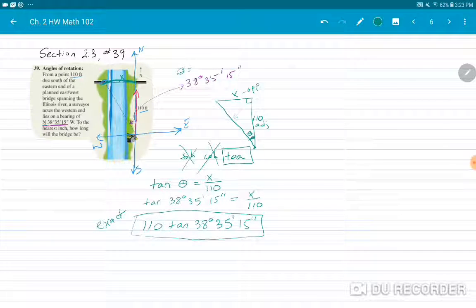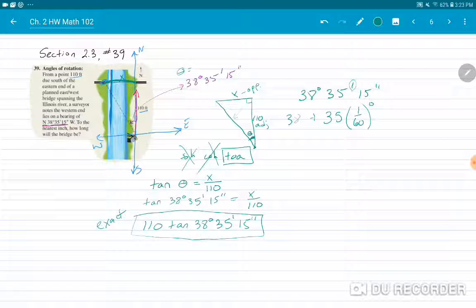So let's see. So this 38 degrees, 35 minutes, 15 seconds. The 38 degrees is going to stay put, but the 35 minutes, I do 35, and each one of these minutes is 1/60th of a degree.